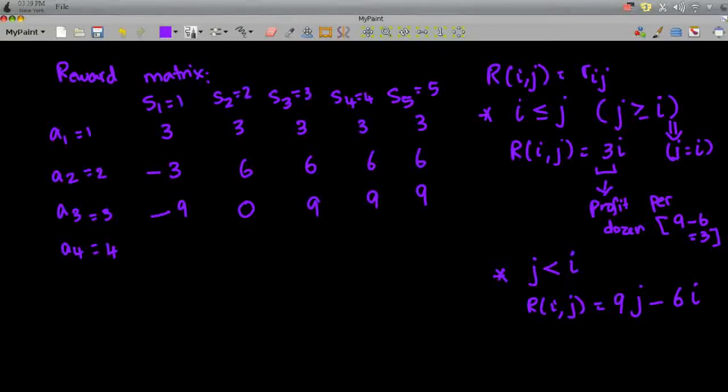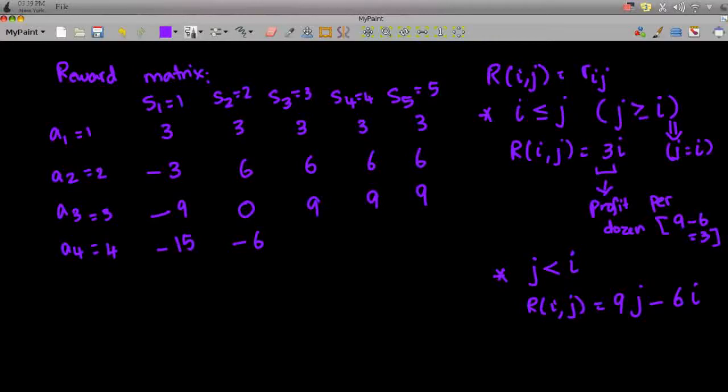In the last scenario, i is 4, j is 1 in the first cell, and since i is greater than j, we have to make use of the second piece, so we'd have 9 minus 24, that would give me negative 15. Over here, when I plug in i as 4 and j as 2, I would get 18 minus 24, which is negative 6.